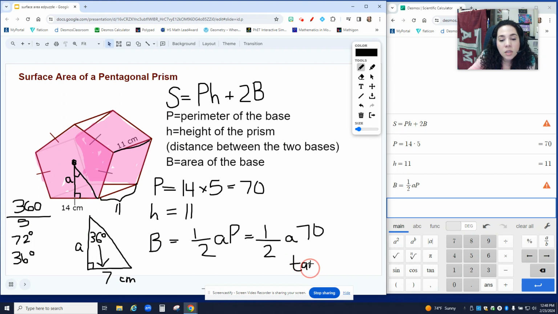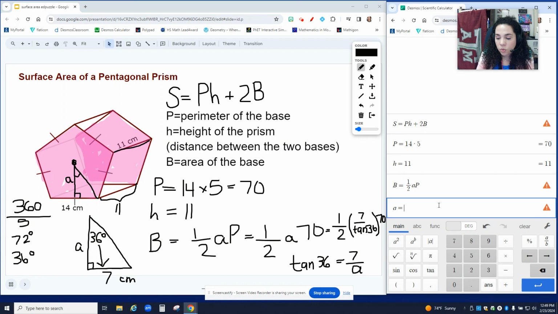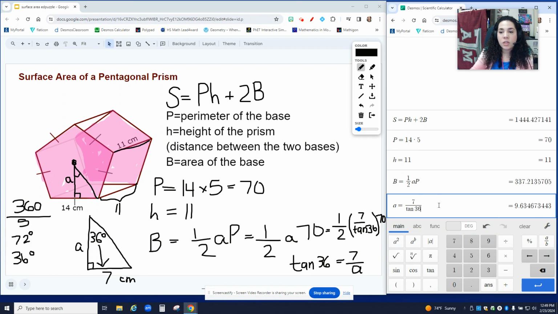Tangent of our 36-degree angle is equal to the opposite side over the apothem, or the adjacent side, which is A. To manipulate that with algebra, this will end up being 7 divided by tangent of 36, because you have to rearrange that equation to solve for A, and then we're going to multiply that by the perimeter, which is 70. Okay, so I'm going to plug into my calculator that my apothem is equal to 7 divided by tangent of 36 degrees.